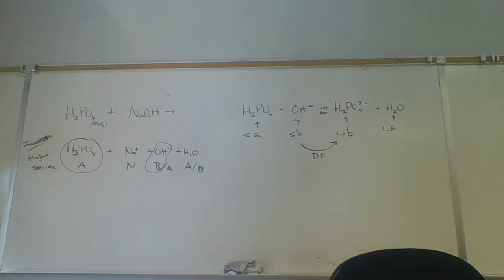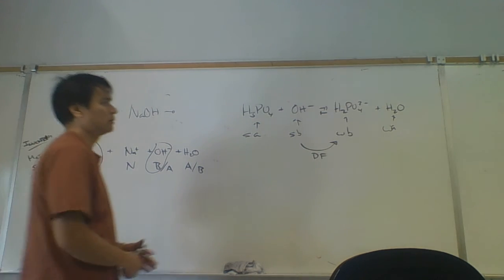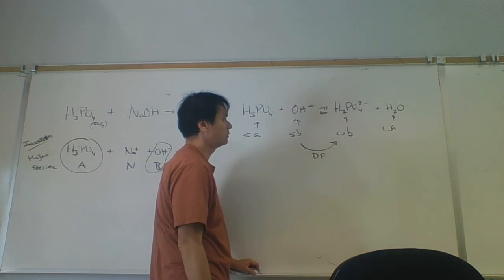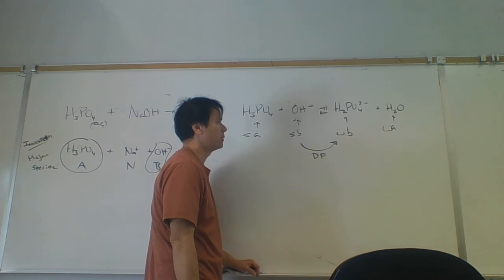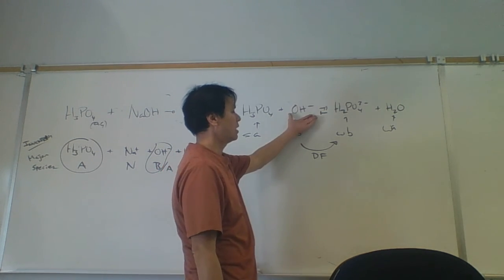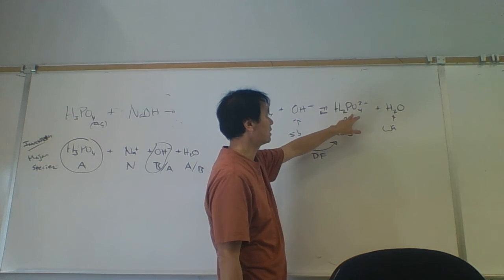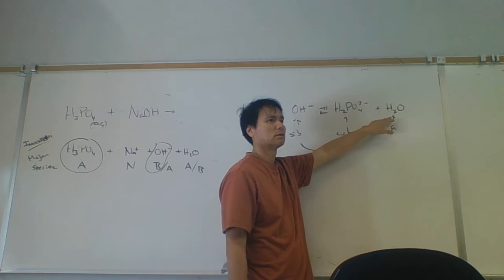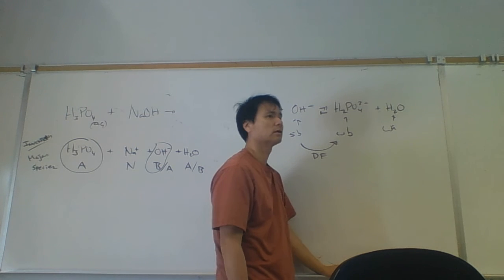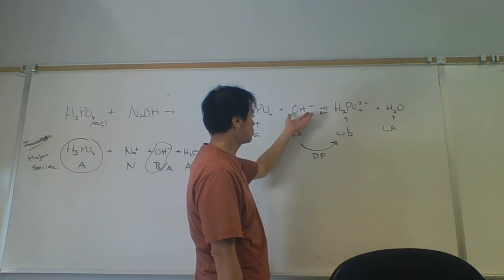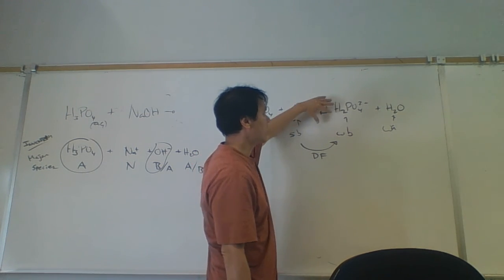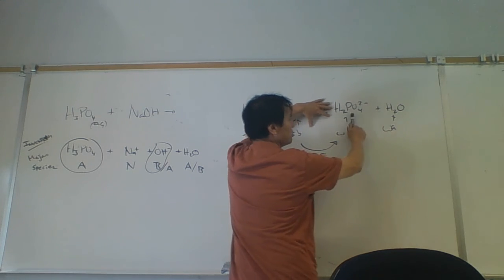All right, now, if there is more hydroxide left over, then the hydroxide can attack what remains. If there's extra hydroxide around, then it can attack either this or this. Which one should it attack? If there's extra hydroxide around, it'll attack what we just formed. This is what we just formed.